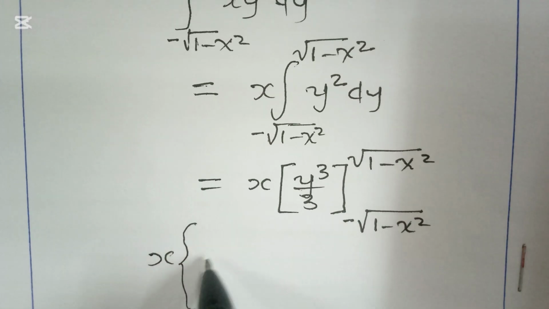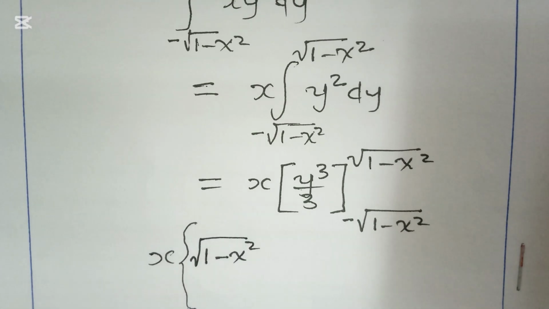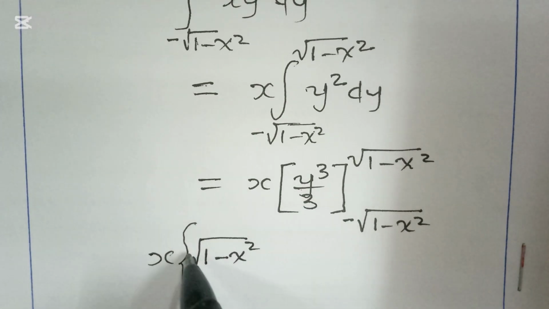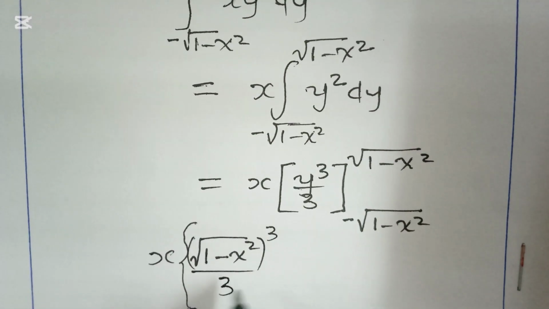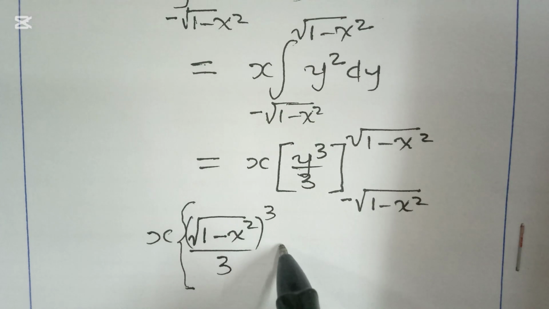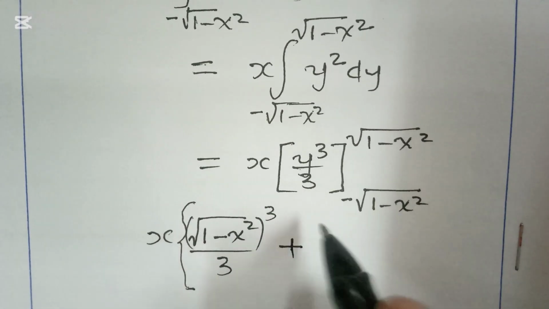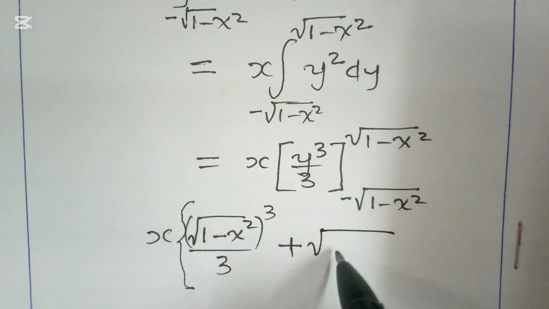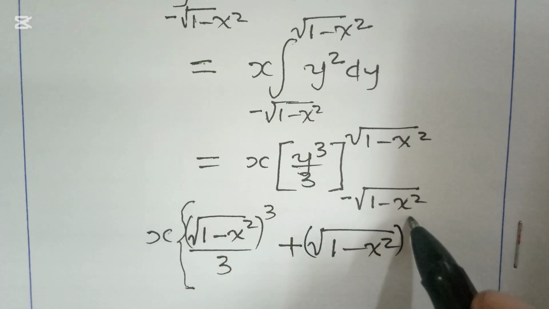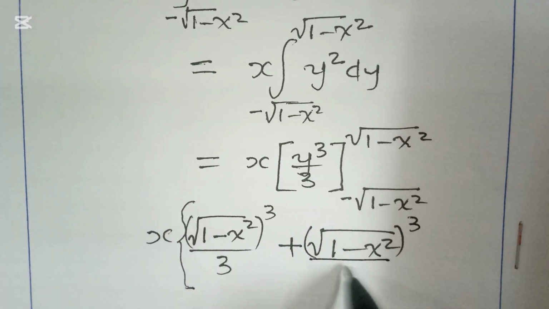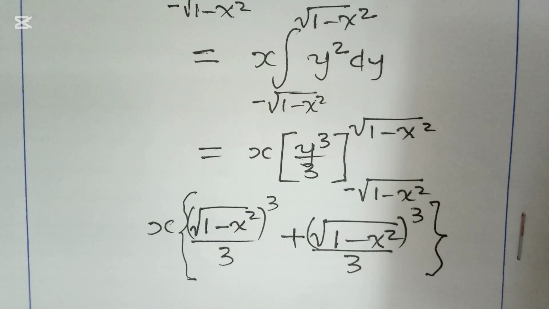That is going to be square root of 1 minus x squared, cubed, all over 3, minus, but now we have another minus here, so this is now plus square root of 1 minus x squared, raised to 3 all over 3. That's what we have.